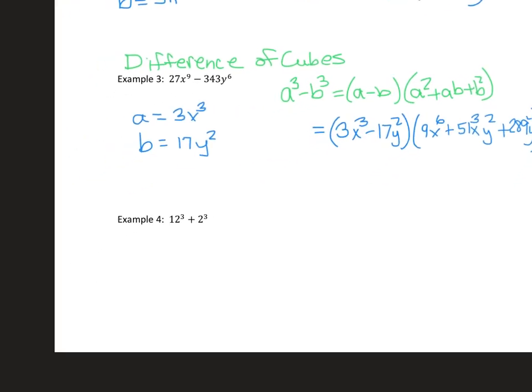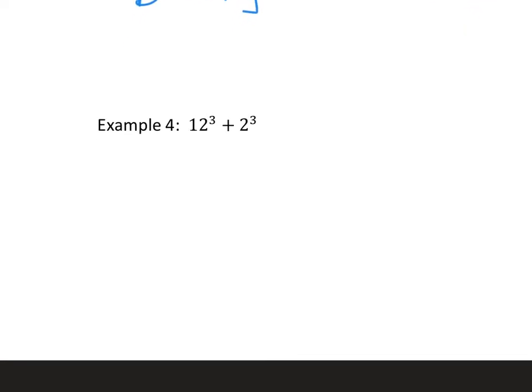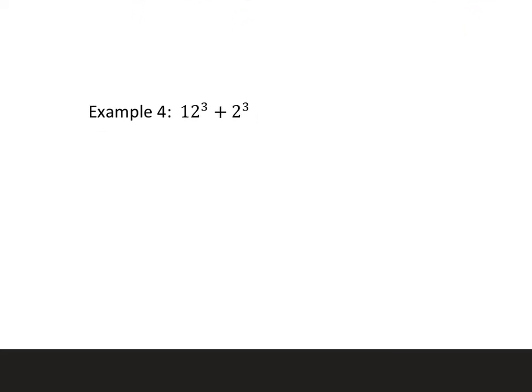All right, great. Last one. This is a numerical example. It is a sum of cubes. Now you can figure out and use your order of operations to get a final number here, but we're going to practice using the sum of cubes.